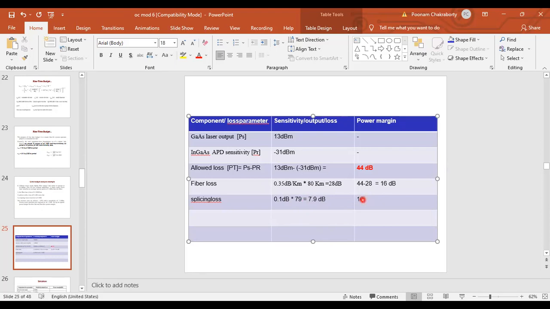So 16 minus 7.9 कितना हुआ? How much did you get? 16 minus 7.9. Tell me. 8.1. So 8.1 dB. What else is left?